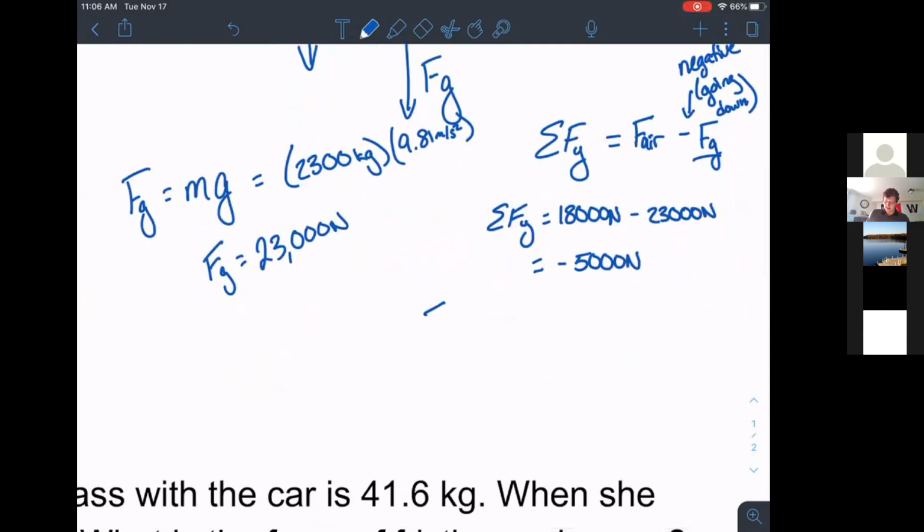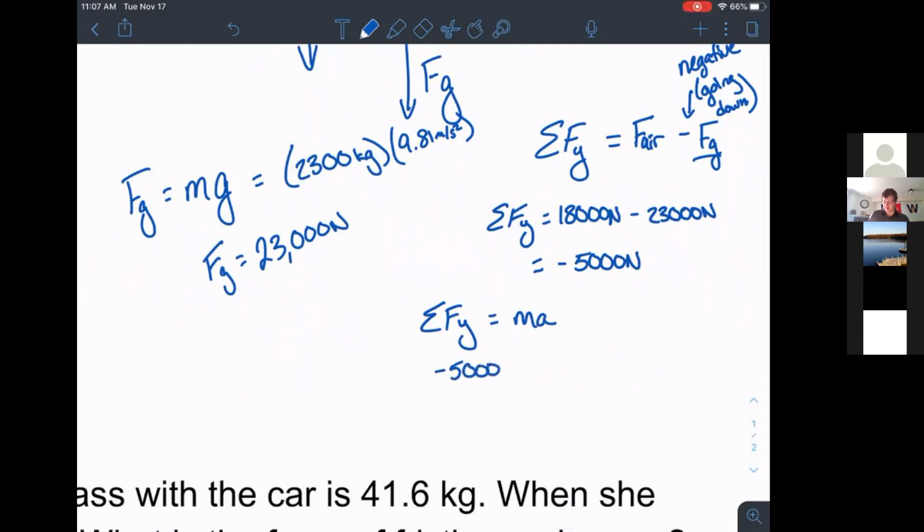And I know that the sum of my forces in the y direction equals my mass times my acceleration, because the sum of your forces always equals mass times acceleration of the entire object or person, which means I can plug in my values.